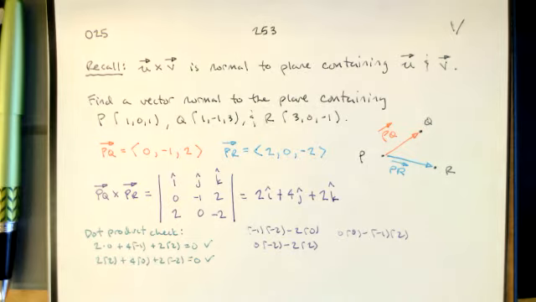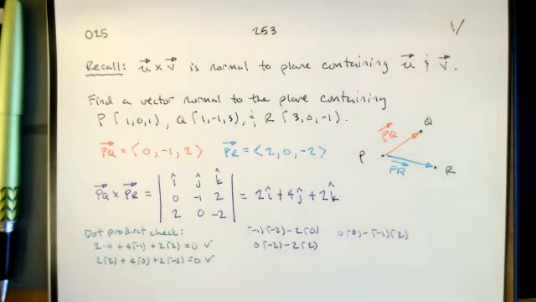So here's a vector normal to the plane containing PQ and PR. Here's a vector normal to the plane containing the 3 points (1, 0, 1), (1, -1, 3), (3, 0, -1).